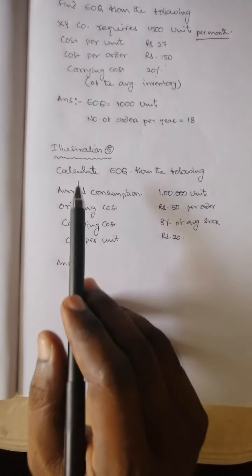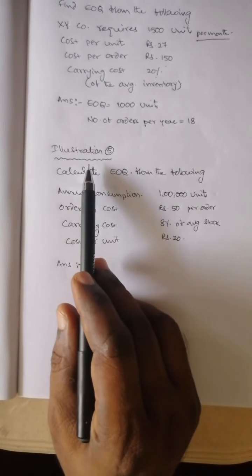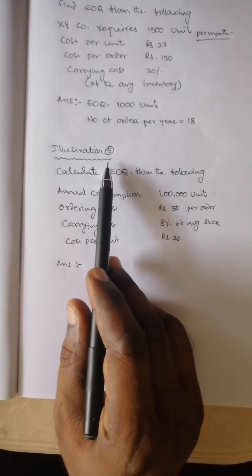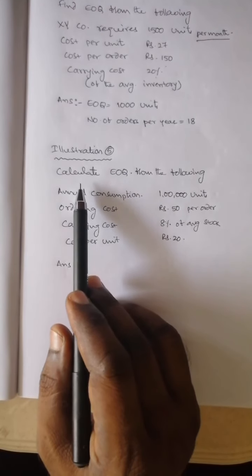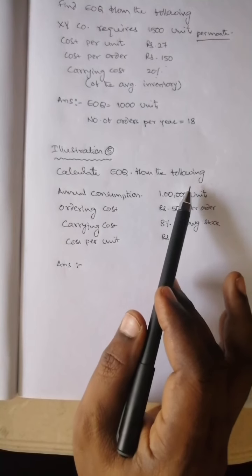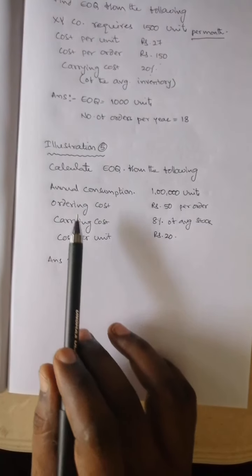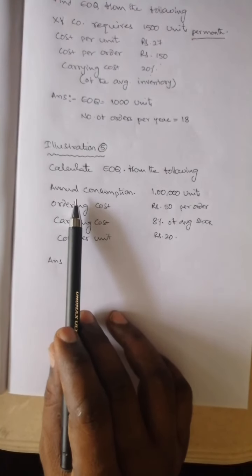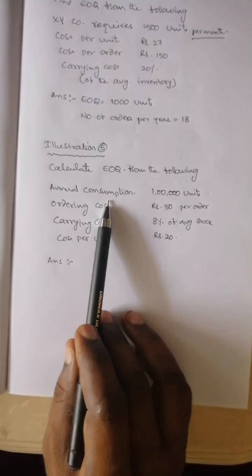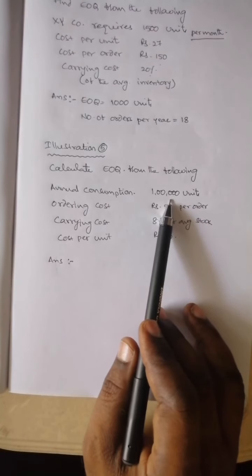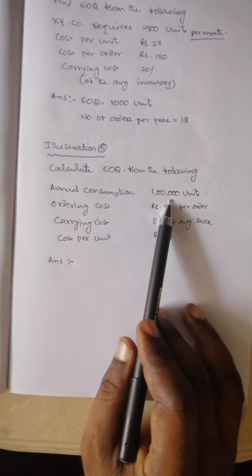Now another and last exercise is exercise number 5, illustration number 5. Calculate EOQ from the following. All the direct values are given in the illustration. Annual consumption 1 lakh units. Now if you see the difference from the previous illustration, consumption was given as 1500, but it was per month.